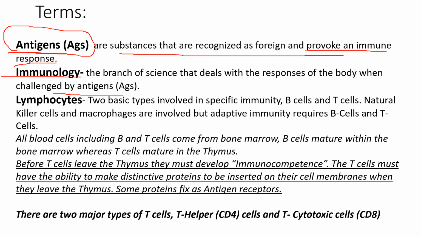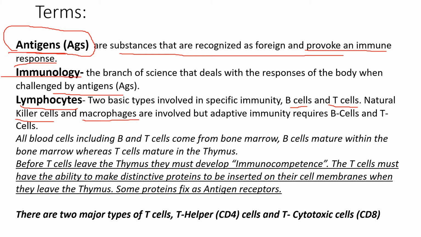So lymphocytes, we know what they are, they're white blood cells, right? Leuco means white, and there are many different types of white blood cells. We have the granulocytes, the agranulocytes, we learned all that. And then you have these lymphocytes, which are specific types of cells, and lymphocytes include B cells, T cells, natural killer cells, and macrophages.